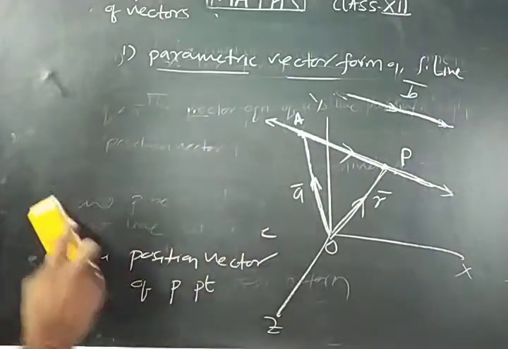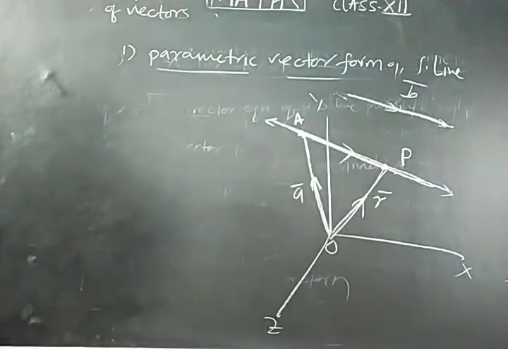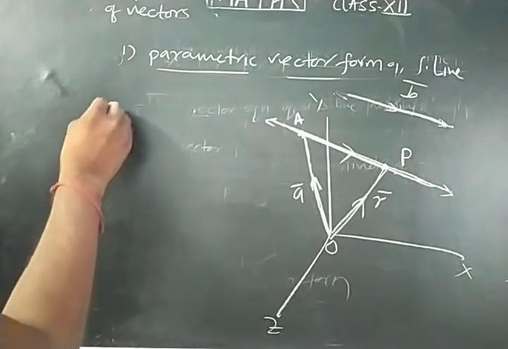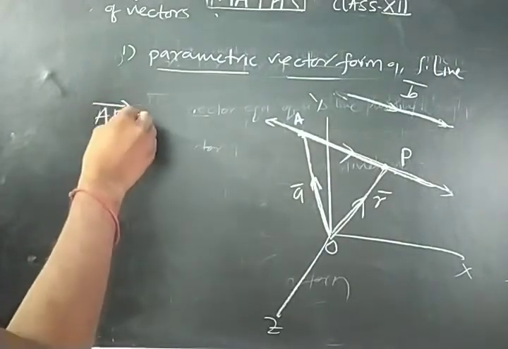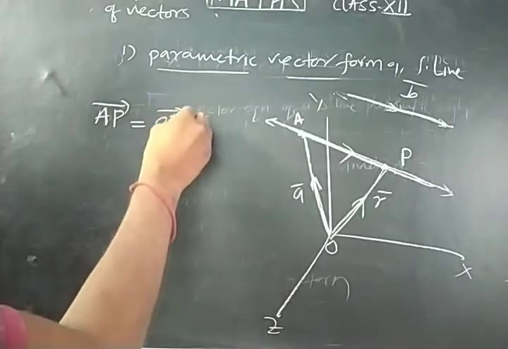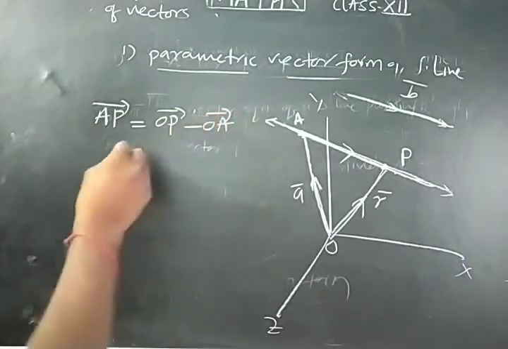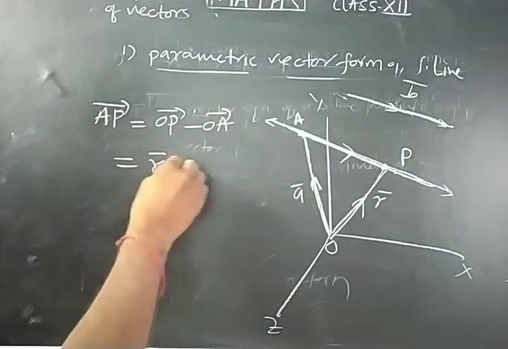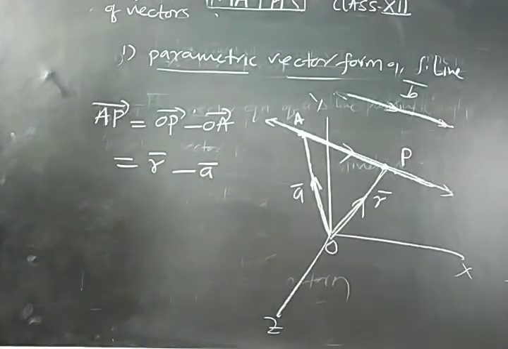How can we write it? OP vector minus OA vector. OP vector is r bar, OA vector is a bar.